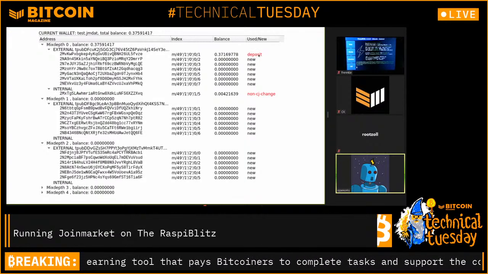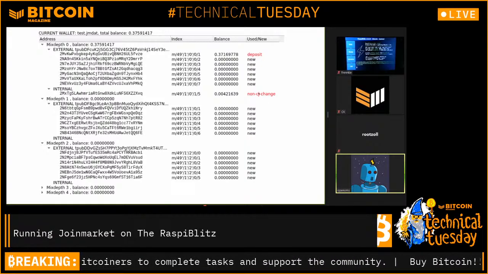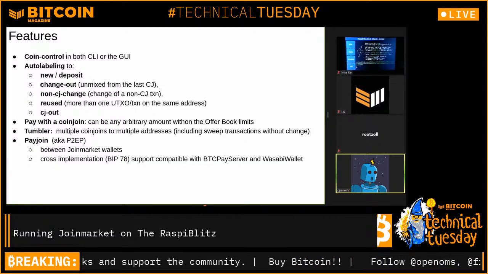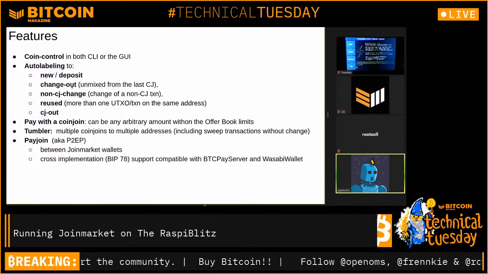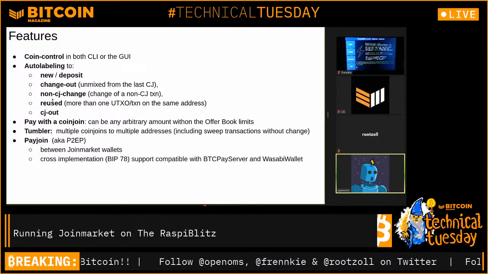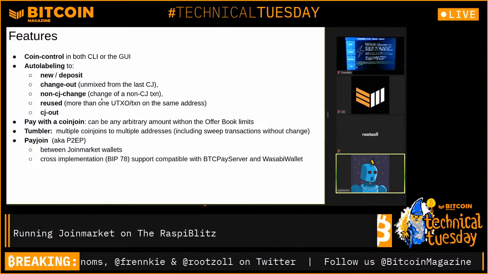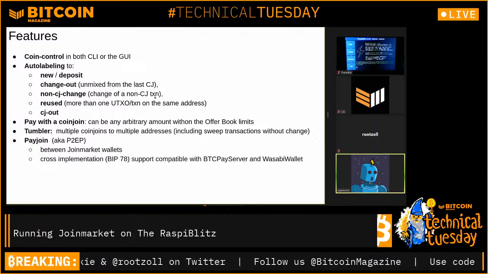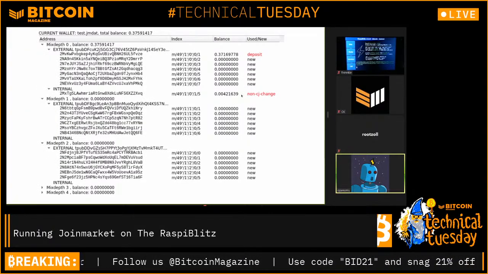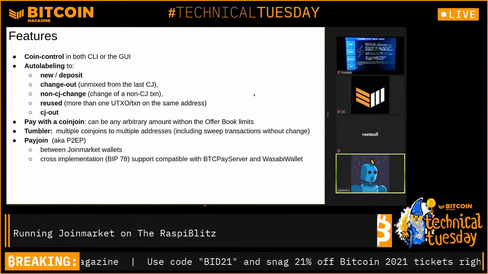And if I would send out the funds from here, it would be labeled as a used address. Then there are a couple of other examples, like the change-out label, which is the unmixed change from the last CoinJoin. There is a non-CoinJoin change, which is the change output from a non-CoinJoin transaction, which has happened here because I've just sent funds out of this wallet without a CoinJoin.